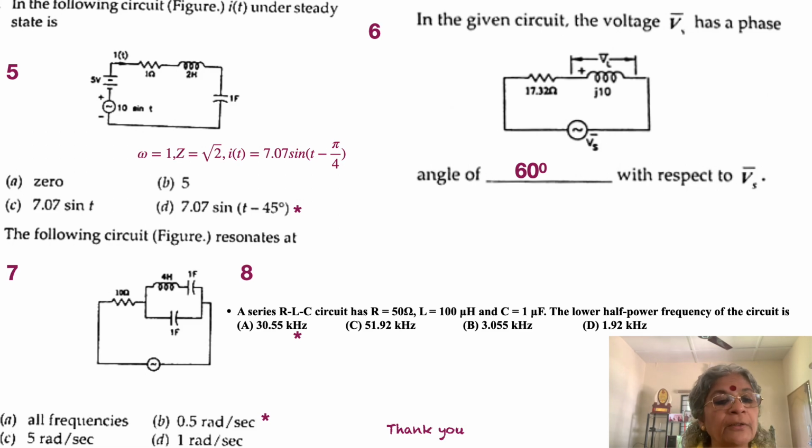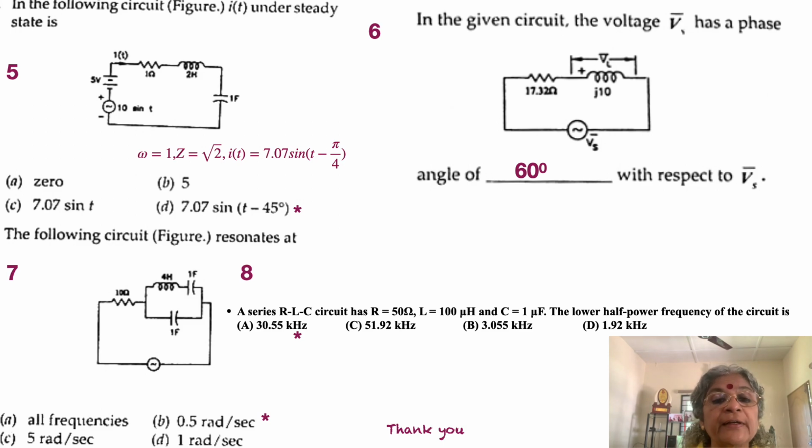Okay, so it's going to be root 2, and so if 10 is given as the voltage, the current will be given by 10 by root 2. Okay, of course it will be the sinusoidal content and the maximum value. And that is what is asked. So 7.07 is okay, and sine, there's no change in phase, so sine is also okay.